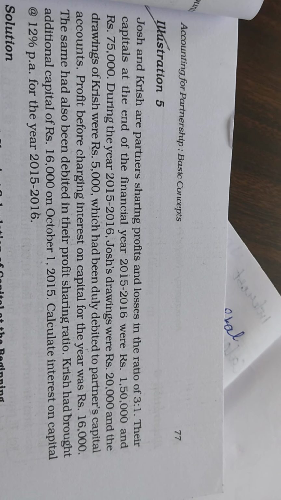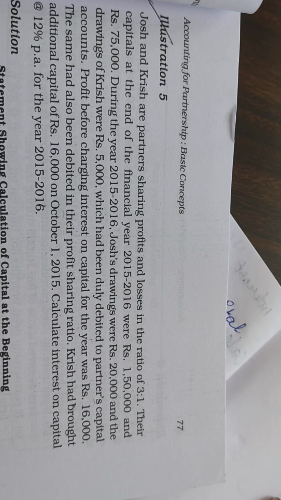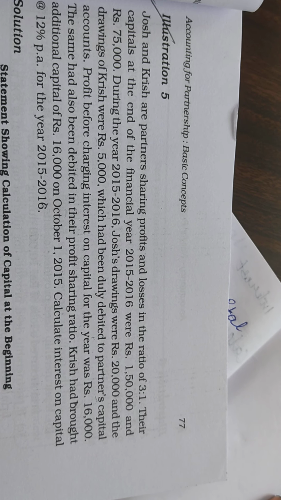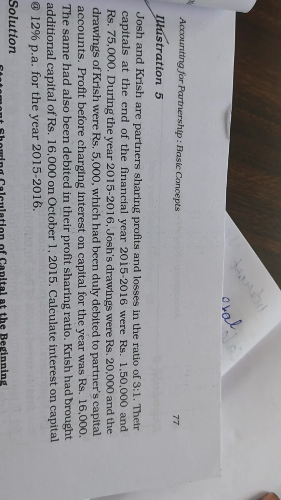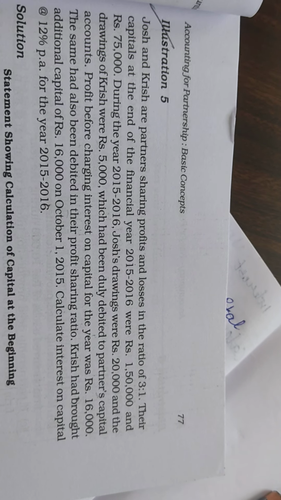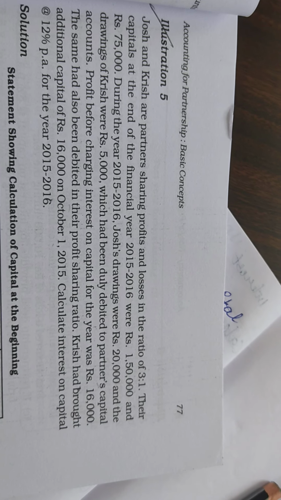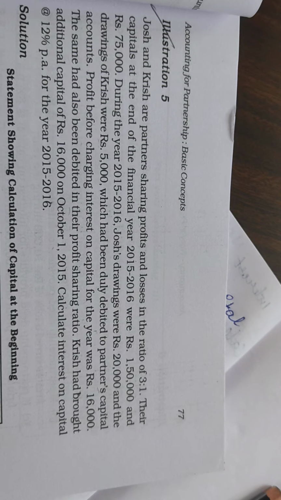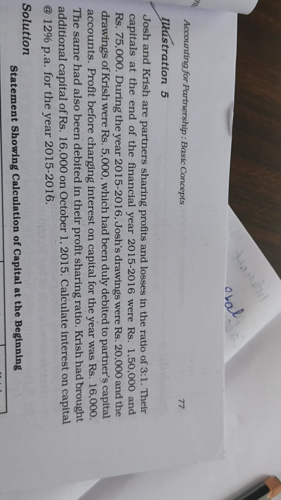Josh and Krish are partners sharing profit and losses in the ratio of 3:1. So their profit sharing ratio is 3:1. Their capitals at the end of the financial year 2015-16 were rupees 1,50,000 and rupees 75,000. Here the capitals of the partners are given at the end of the financial year.